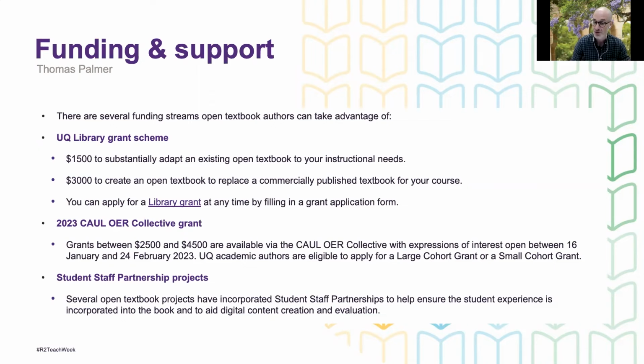At the moment, this grant program is currently open and they're seeking expressions of interest by the 24th of February. An interesting thing about this grant program is they're really trying to encourage collaboration between universities. If you have a colleague in another university who's teaching in a similar area, this would be a really great grant program to take advantage of.